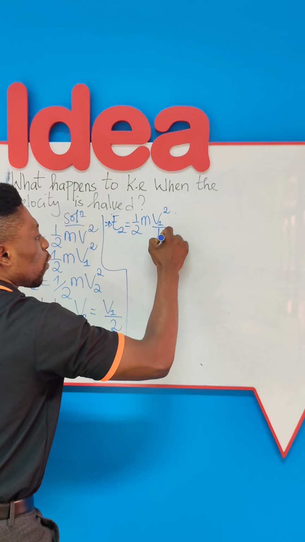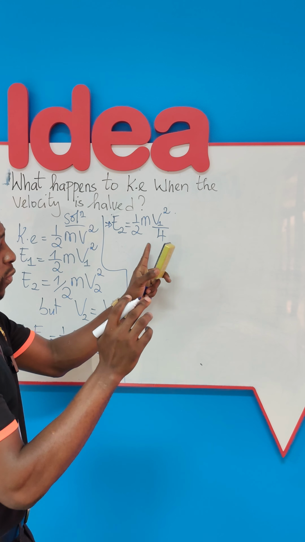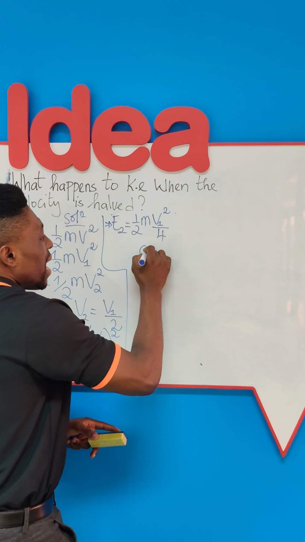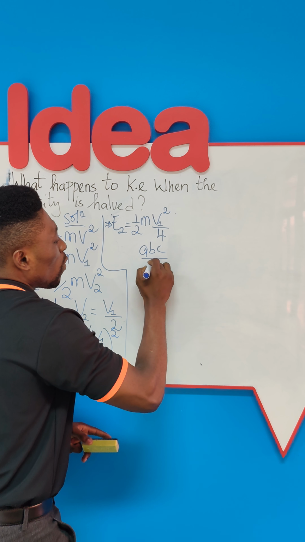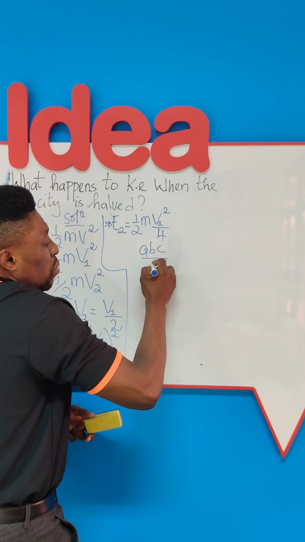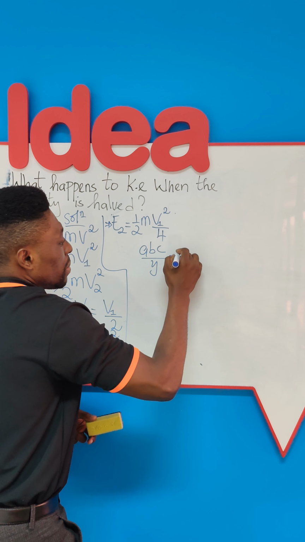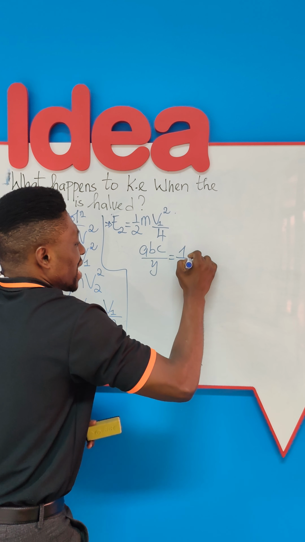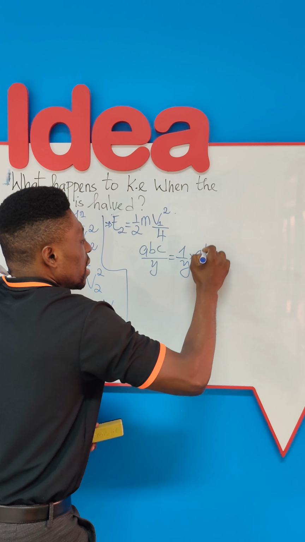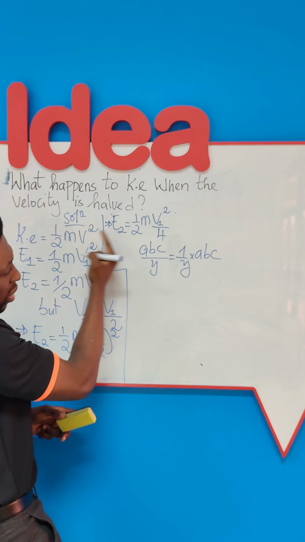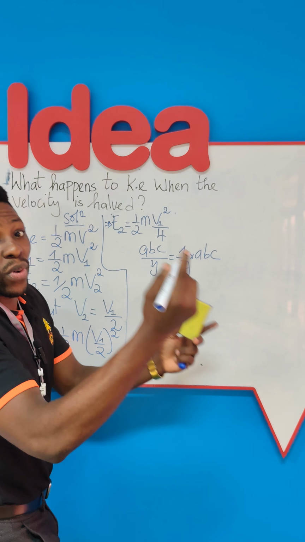Now at this point, don't hurry to simplify things. Notice one other property here of fractions, which says that A, B, C all over, maybe, Y is the same as 1 all over Y times A, B, C. Look at what I've done. In other words, this 4 here, which is under, can be brought out and factored as a fraction.